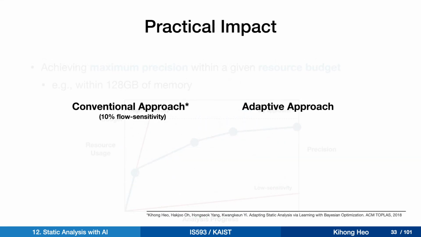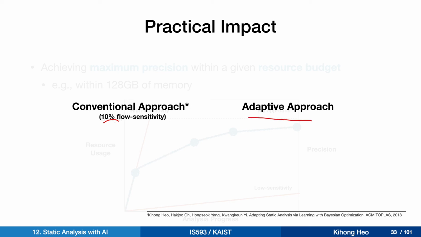So let's see the practical impact. In the paper, the performance of this adaptive analysis is compared to a previous approach that chooses 10% of variables for flow sensitive analysis offline. The variable selection is also based on the same probabilistic model, but all the decisions are made before the analysis, offline. Instead, the new technique makes decisions online.